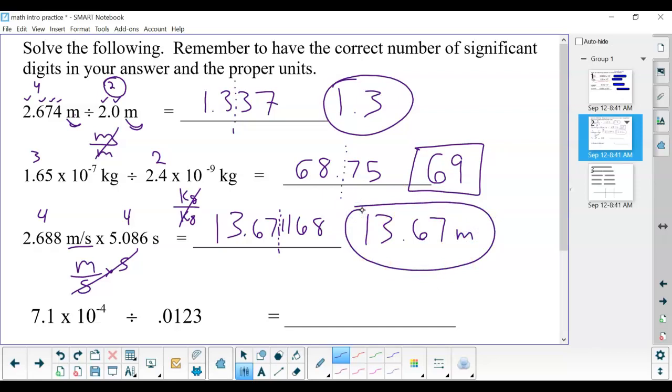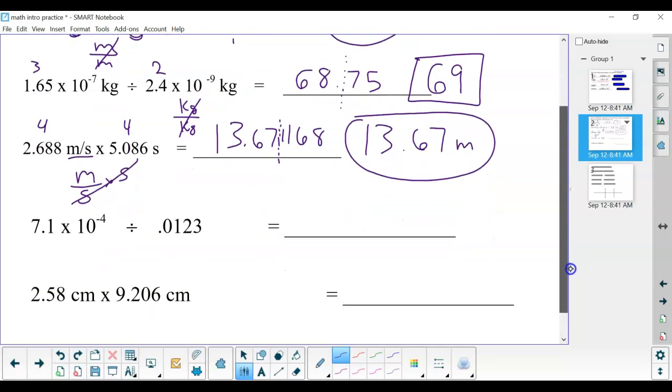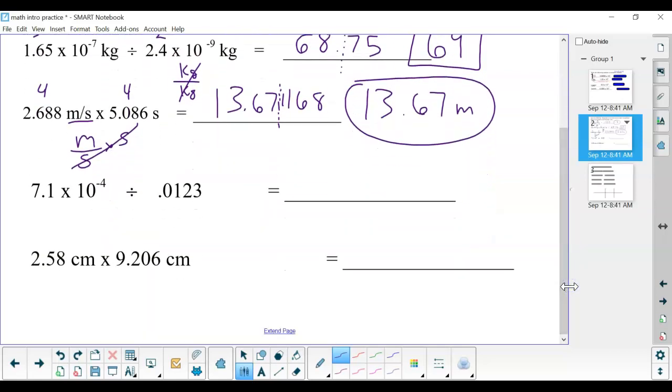We're going to continue the process for the next one. There are no units there. 2 significant digits. This has 1, 2, 3 significant digits. So our answer should get rounded to 2 significant digits. My calculator gives me 0.05772 more.